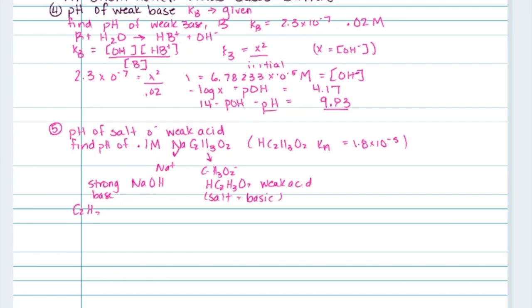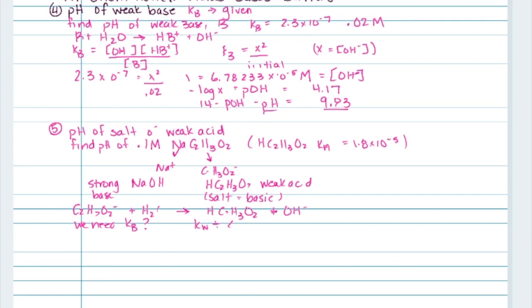So C2H3O2 minus will react with water to accept the hydrogen, making undissociated acid and releasing hydroxide ions in solution. Since this is going to act like a base, we need a Kb. So how do we find that Kb?